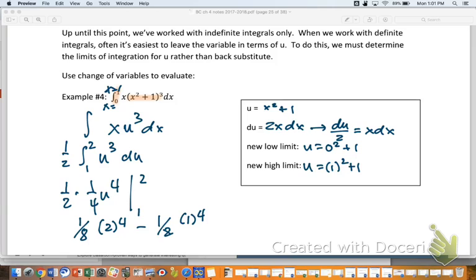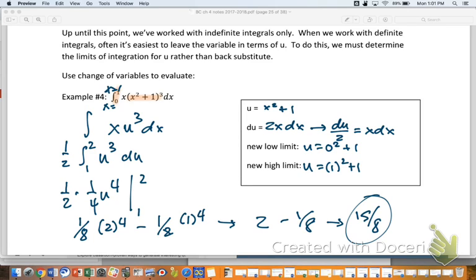Does that make sense? Leaving everything in terms of u's, plugging in the 2, plugging in the 1, and evaluating. So this is going to give me 16 times 1/8 is 2, 2 minus 1/8. I'm coming up with 15/8 for my final value. Any questions there?